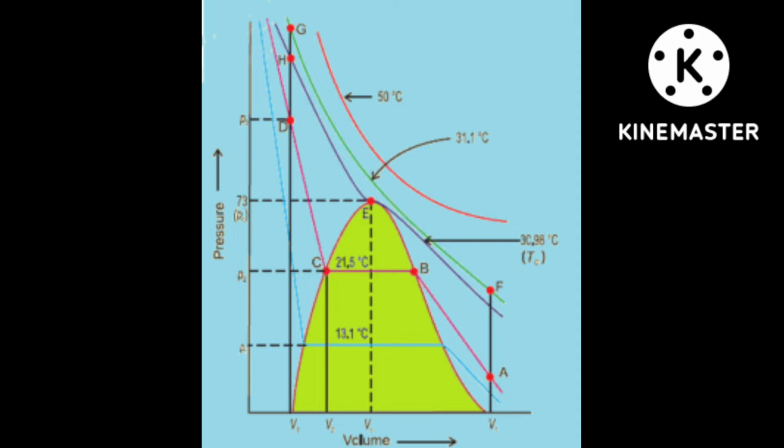And at that critical pressure and critical temperature, the volume of 1 mole of gas is called the critical volume. These three are called critical temperature, critical pressure and critical volume, the critical constants.